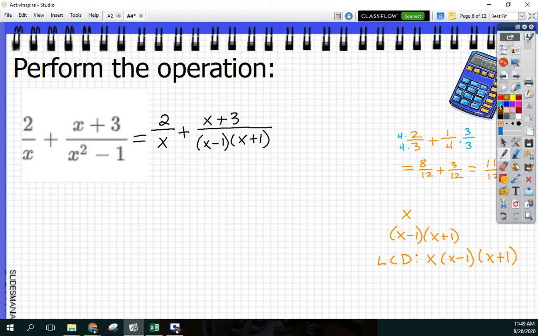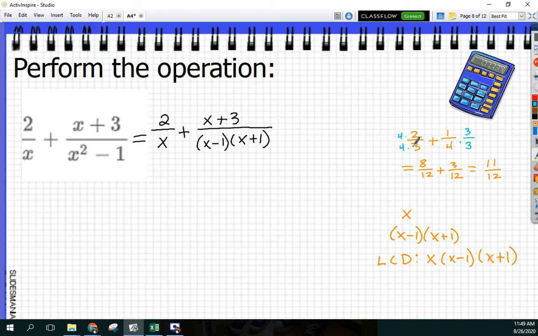So again, kind of thinking about it the same way we did here, I'm looking at, okay, what does my first fraction need to be multiplied by in order to get that common denominator? Another way we can think about it is, what is this denominator missing in order to get my common denominator?